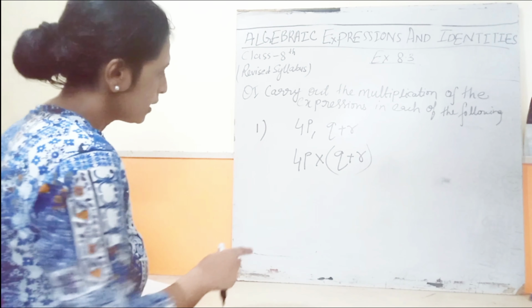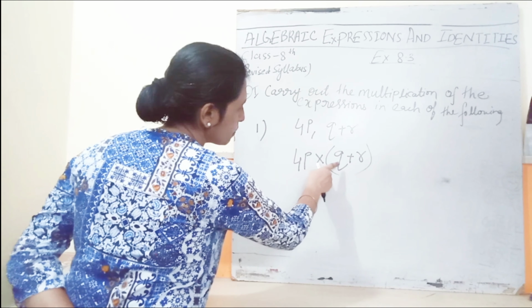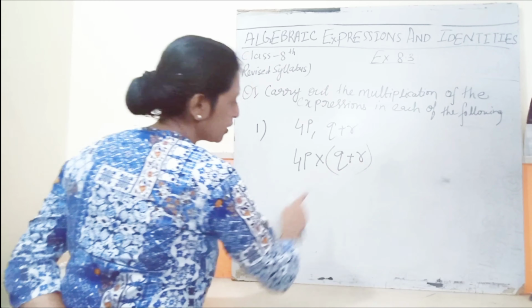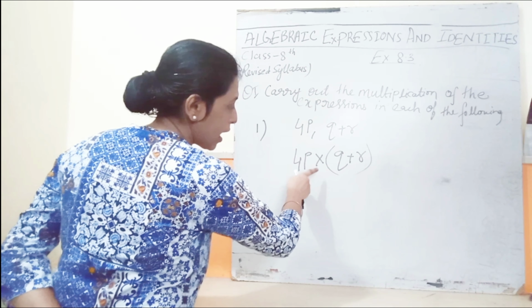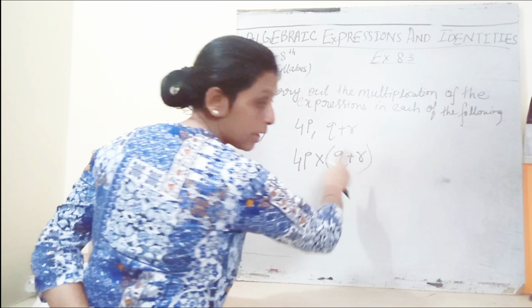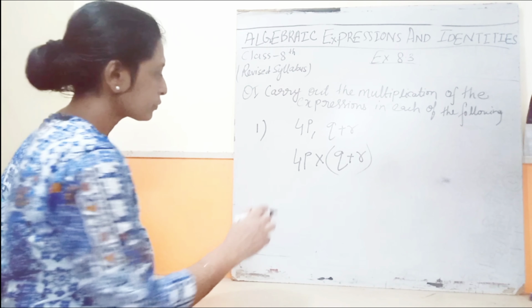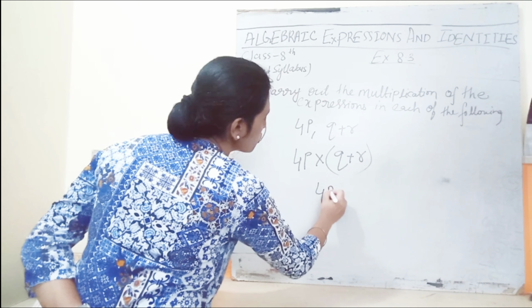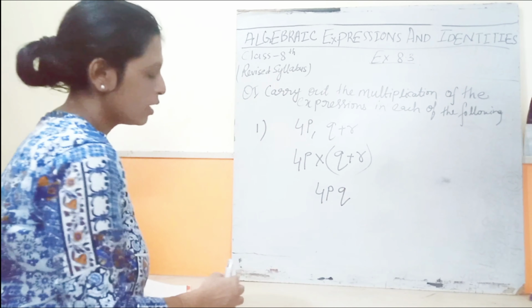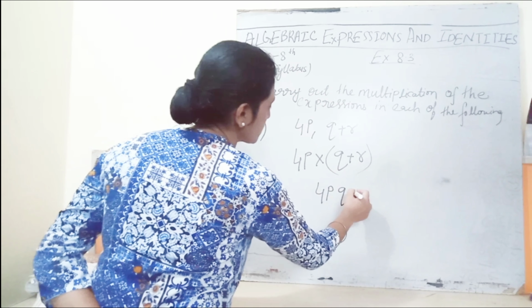Now 4p multiplied by q plus r means that you have to multiply 4p with q and 4p with r as well. So 4p into q is equal to 4pq, and what is the sign here? Plus.